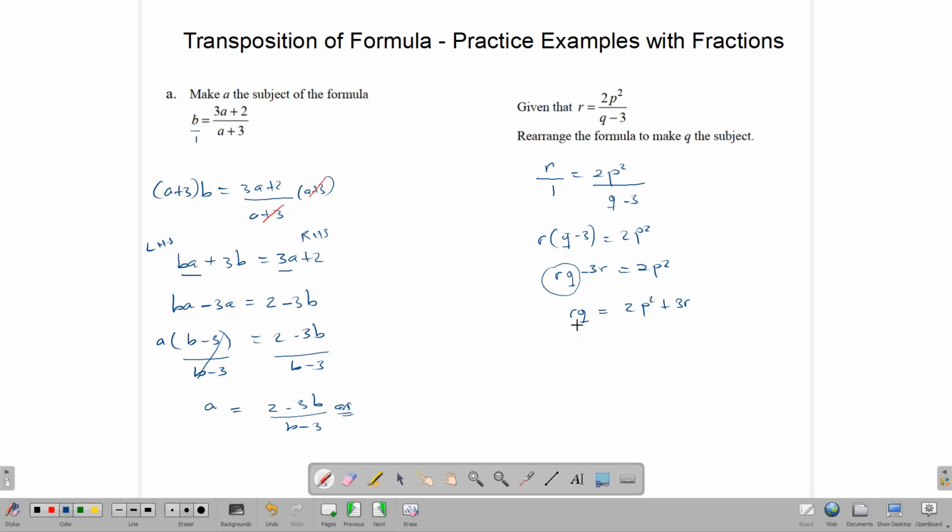The next logical step is to divide by our r so that we can get our q. If we divide this by r and this side by r, then these two r's will cancel each other out. And what we're left with is Q is equal to 2p squared plus 3r over r. And so we would have successfully rearranged the formula to make Q the subject.